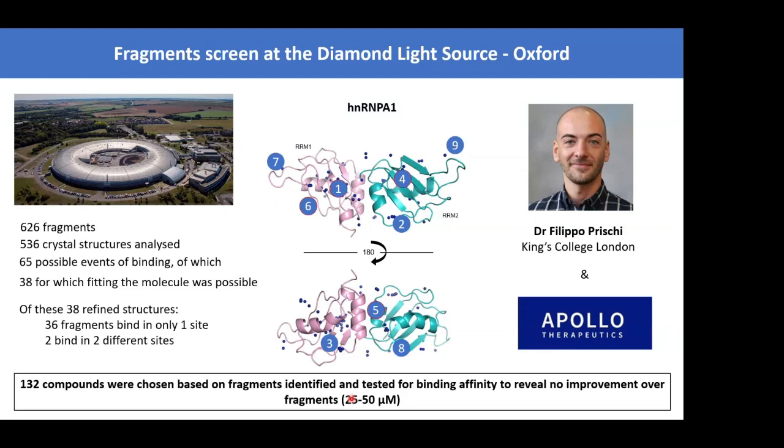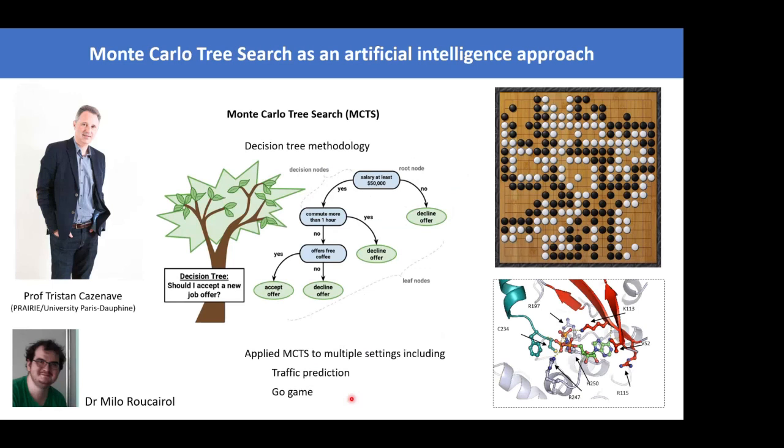So this was extremely depressing, and Filippo and I remained depressed for about a year and a half about it, until I attended an artificial intelligence conference in Paris. Don't ask me why I even wandered there, but I did. And at that conference, I bumped into Tristan Cazenave, who is the head of the PRAIRIE AI Institute in Paris, and his then PhD student Milo, who specialize in a type of AI algorithm called Monte Carlo Tree Search.